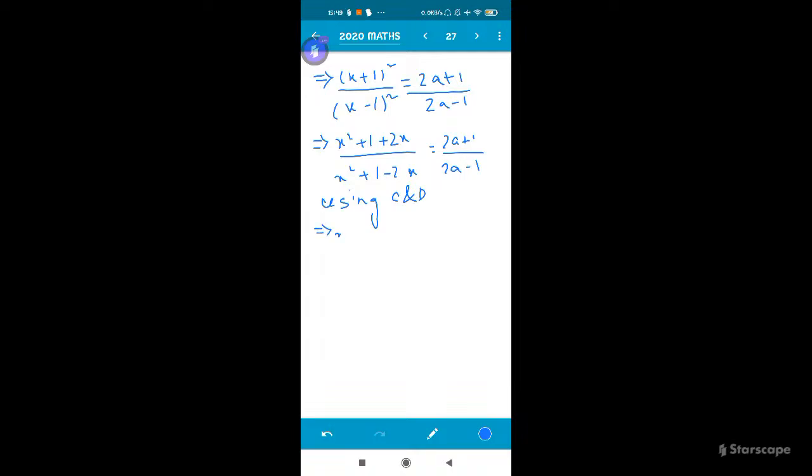So (x squared plus 1 plus 2x plus x squared plus 1 minus 2x) divided by (x squared plus 1 plus 2x minus x squared minus 1 plus 2x) is equal to (2a plus 1 plus 2a minus 1) divided by (2a plus 1 minus 2a plus 1). Make sure that you are putting the signs properly, because one sign mistake can lead you to lose many valuable marks. So again we can make some cancellations.